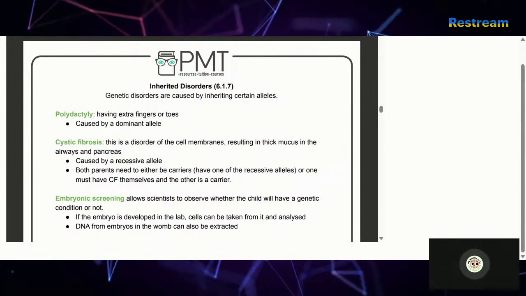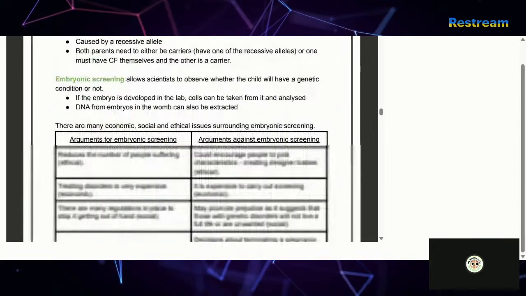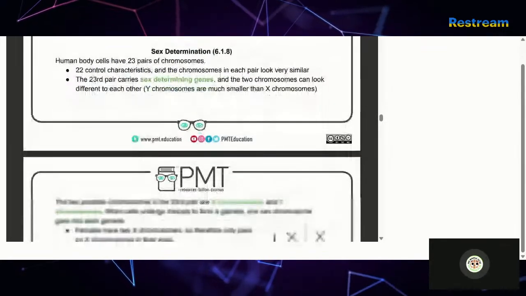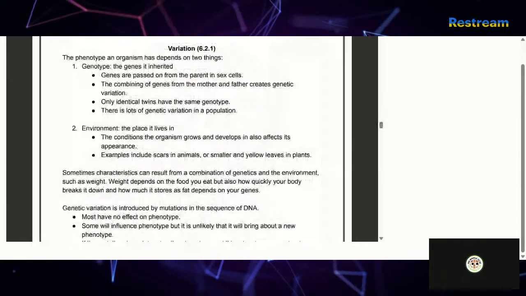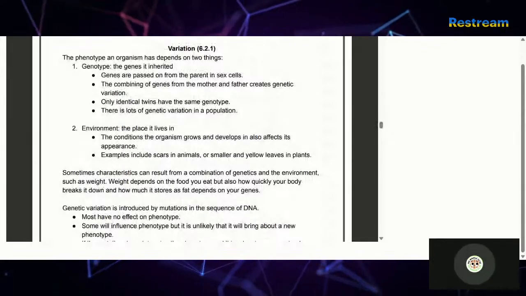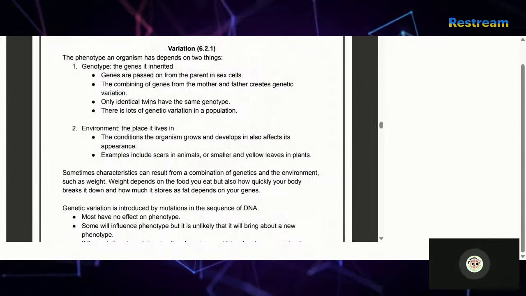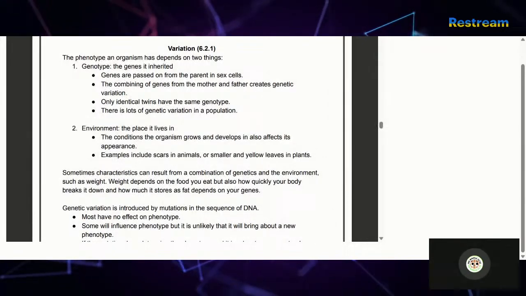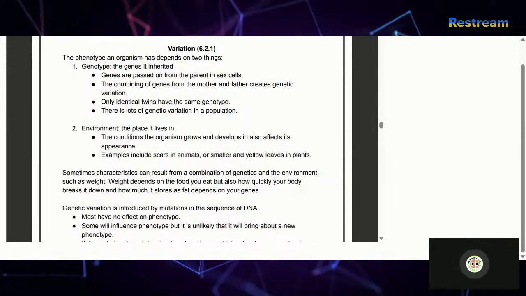Now, let's go on to variation and evolution before we have a quick break. Variation depends on two things: the genotype, which is the genes it inherited, and the environment it lives in, which is the place it lives in. Genes are passed on from the parent in the sex cells.